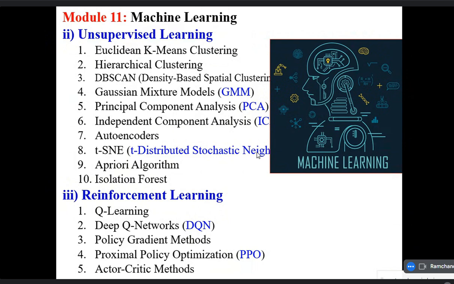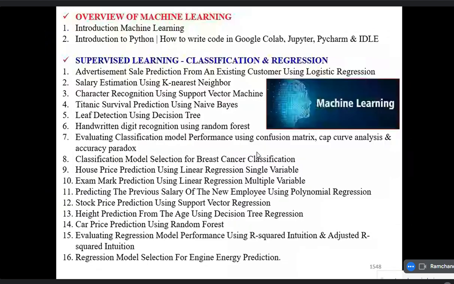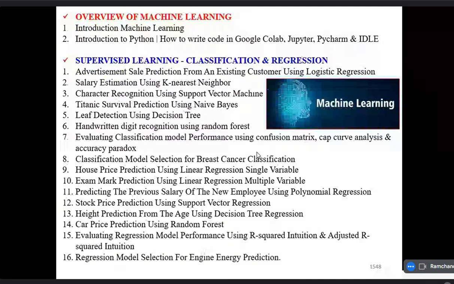There are top 5 algorithms under reinforcement learning, such as Q learning, deep Q networks, that is called DQN, policy gradient methods, proximal policy optimization, that is PPO, actor critic methods, etc. That is called reinforcement learning. Then what is meant by overview of machine learning?